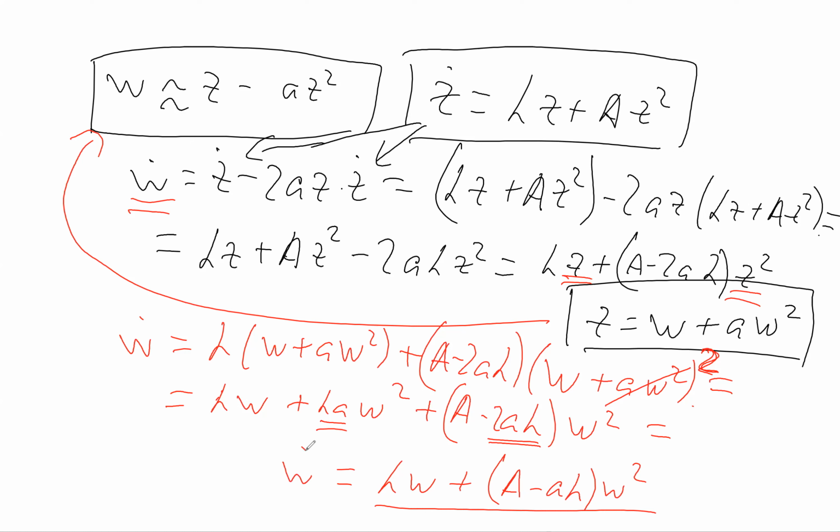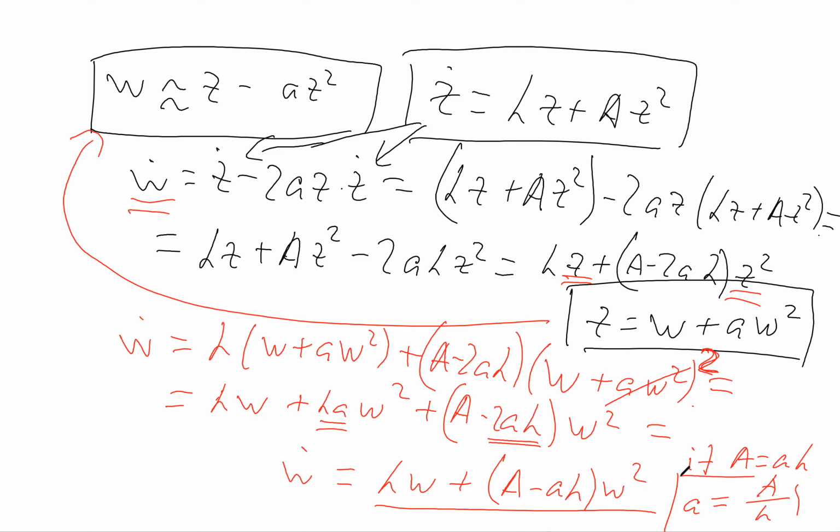This is w dot. And now we can see that we can get rid of the second order term if 8 equals a lambda, so if a is taken as 8 divided by lambda.